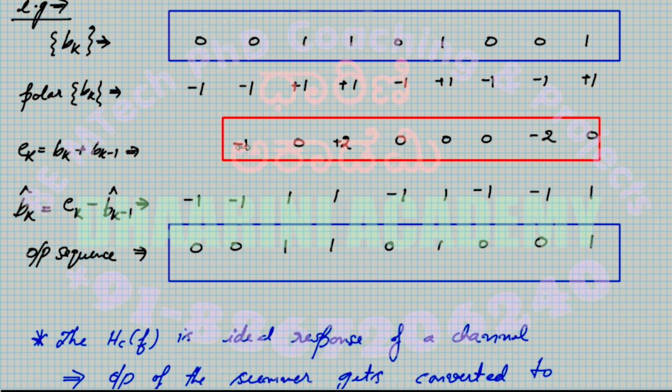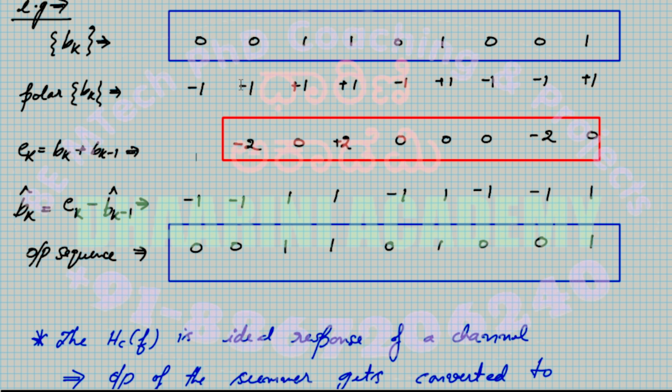So I write this minus 2 here after adding the two minus ones above. Below the first, I'm not writing anything because I don't know what the previous one is. If you add any random thing, it will cause error, so we just don't want to do that.